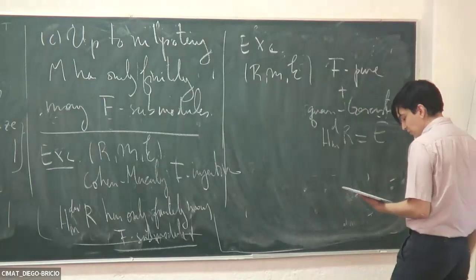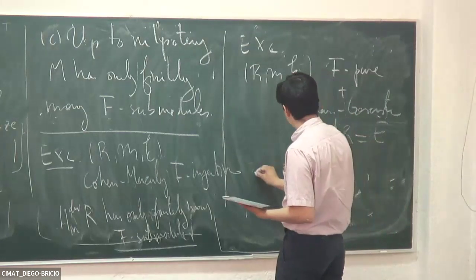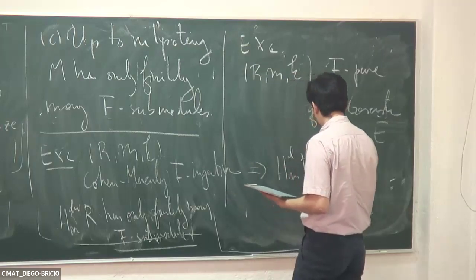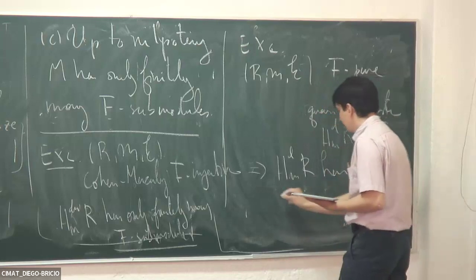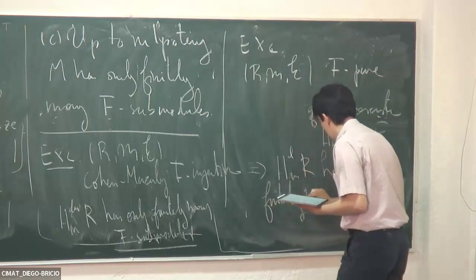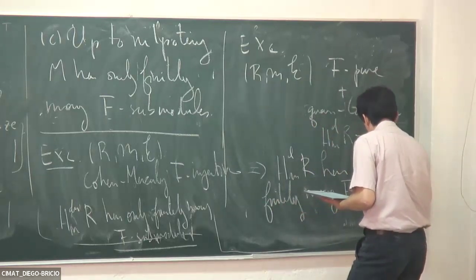Removing this, out of this you get another standard application, which is that the top local cohomology has finitely many F submodules.